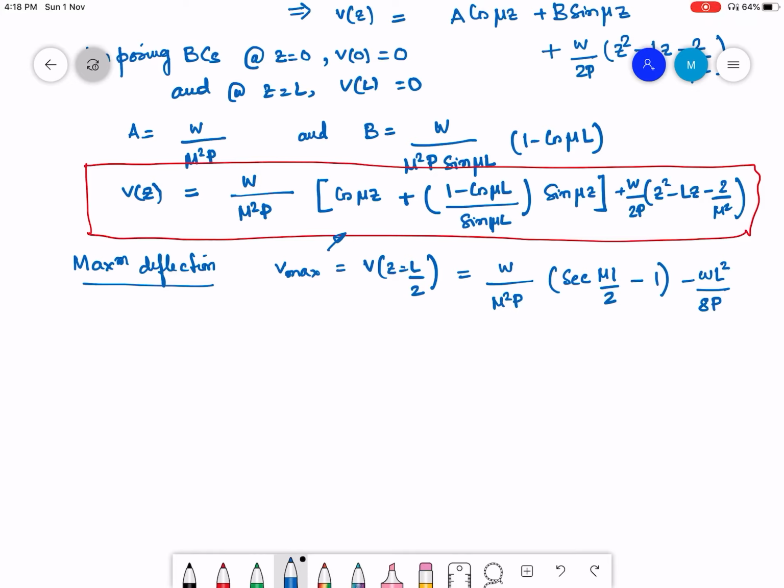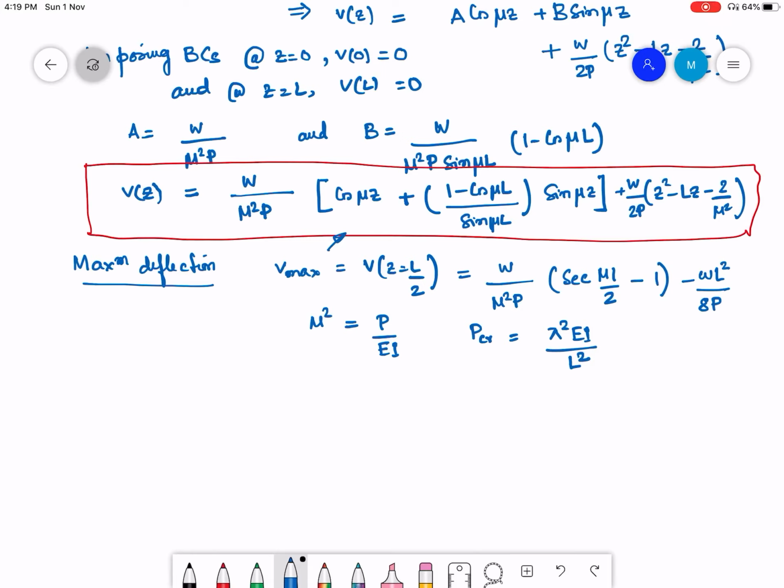Okay, so mu square is P by EI, and P critical is pi square EI by L square.